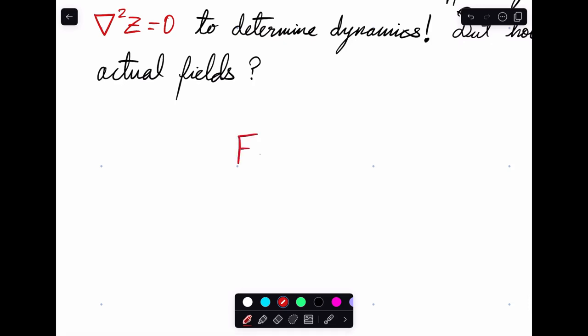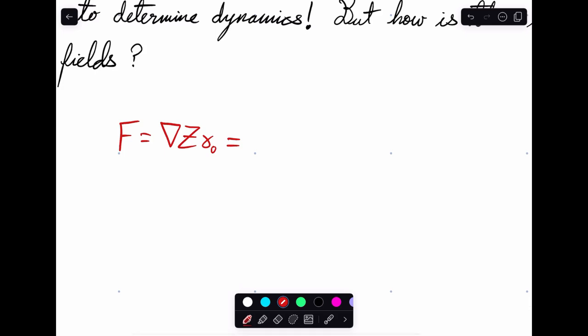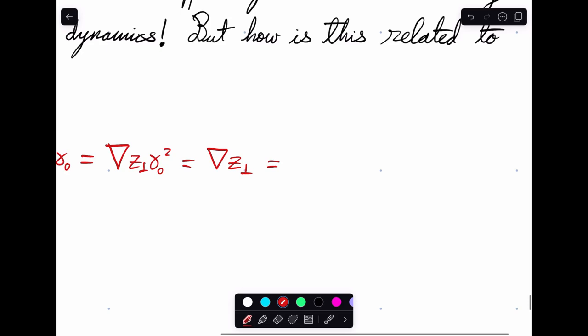First, you have F is equal to the gradient of capital Z gamma naught, which is equal to the gradient of Z perpendicular and gamma naught squared, which is equal to gradient Z perpendicular, which is equal to the gradient of A. Here, if you break these both into relative frames, you get partial naught minus, so you get this, and then you also get a gamma naught here, and then you get a gamma naught here for A. Let me think about this.